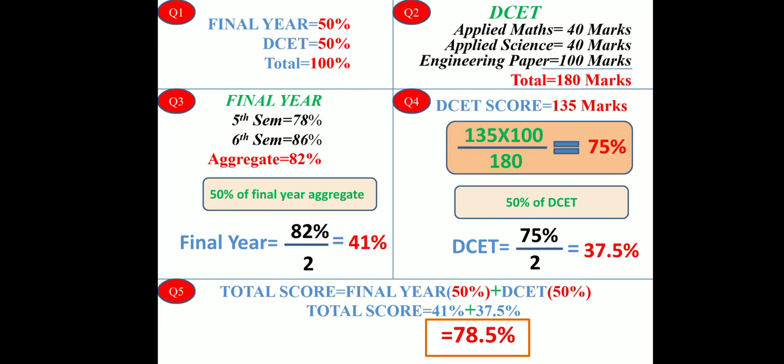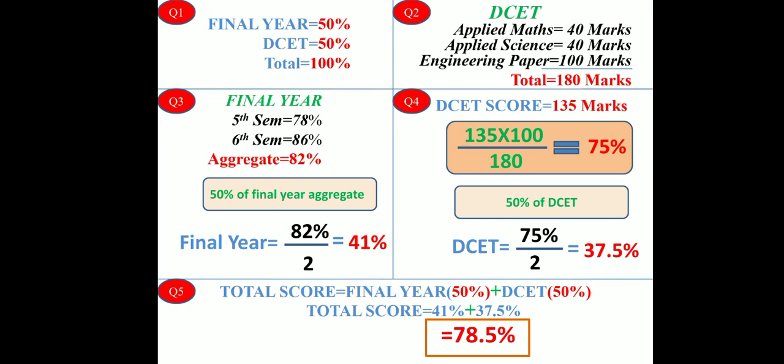The formula says the total number of marks obtained into 100 divided by total number of marks allocated for Diploma CET, that is your DCET score. In this quadrangle 4 I have taken 135 as my score. For that I will get 75% as my Diploma CET score.